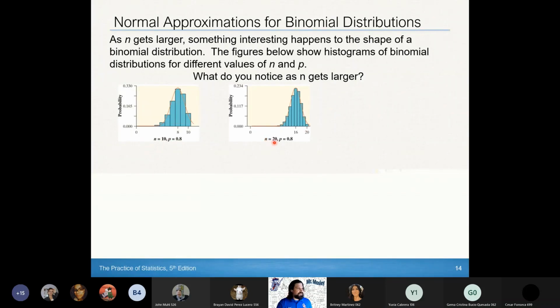Next one is a sample size of 20, probability of 0.8, slightly less skewed. Finally, a sample size of 50, same probability of success of 0.8, and we get something that looks approximately normal. So as n, the number of trials, gets larger, we approach something that's approximately normal.